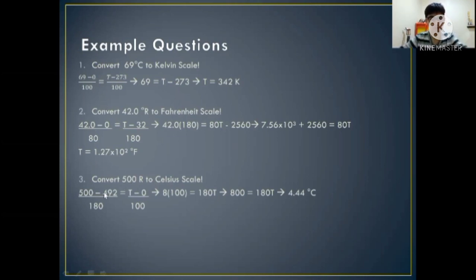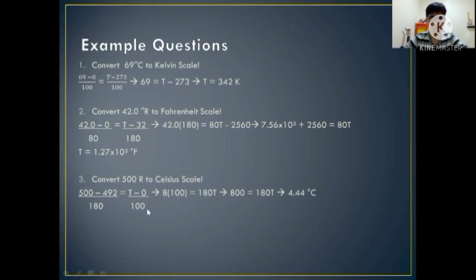We have 500 Rankine minus the freezing point, which is 492, divided by its range, which is 180, equals the Celsius temperature minus the Celsius freezing point divided by the range of Celsius. Since the numbers below are different, of course we will cross multiply again. So before that, we have to make it simpler. So this 500 minus 492 we subtract, and it will become 8.